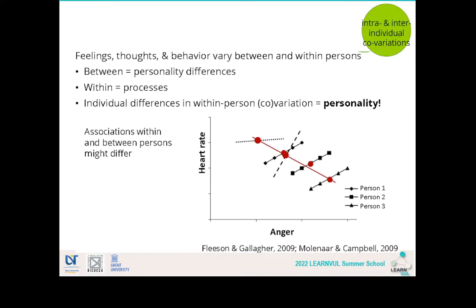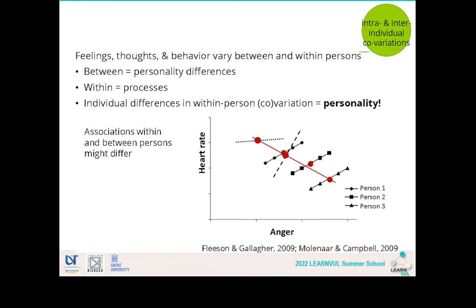Okay. The other thing that I think is really, really important, well, the retrospective bias and the ecological validity are really important, but this one is, I think, for psychology and to understand a bit more about psychological processes.